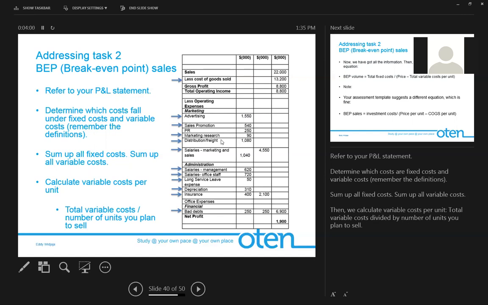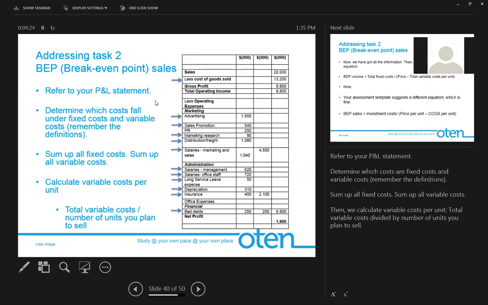Distribution freight costs, you could ask yourself whether freight costs will go up or down if you deliver or ship more or less volume. Okay, so from your profit and loss, you can make a decision which costs go to your fixed costs and variable costs.